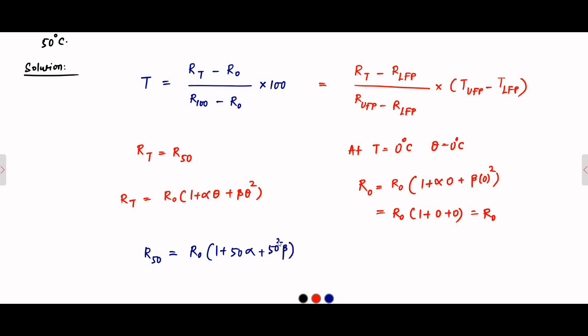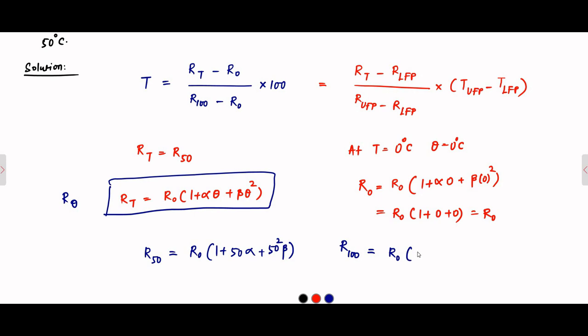And R100, the resistance at 100 degrees, we are using the same relationship. It is given as R_T, but it is actually R theta, because theta is the Celsius temperature. So R100 is equal to R0 into 1 plus 100 alpha plus 100 square beta. In place of theta, here we have substituted 50, and here we have substituted 100. So these are the values.